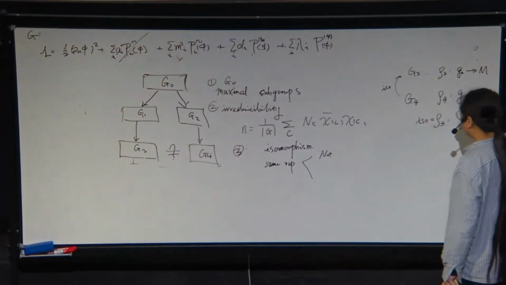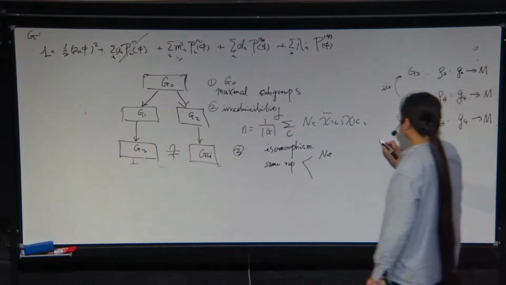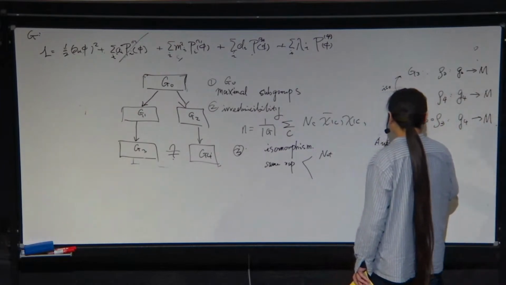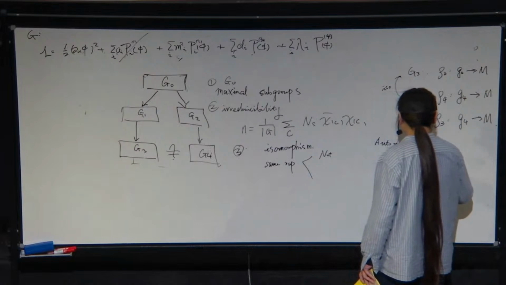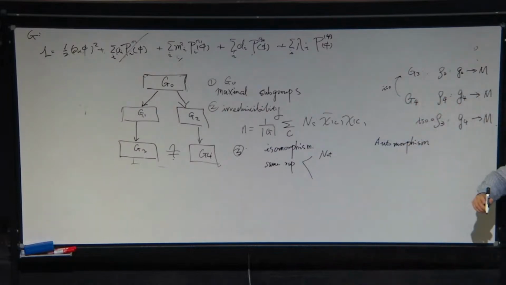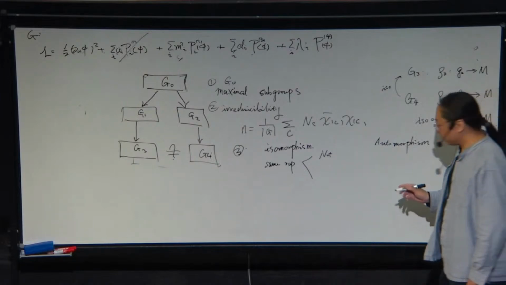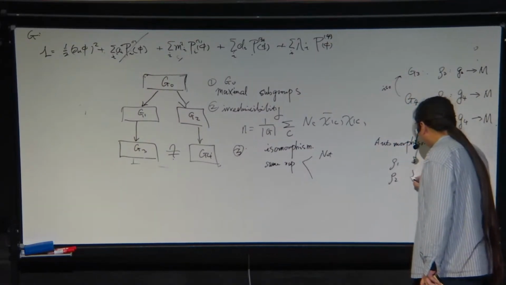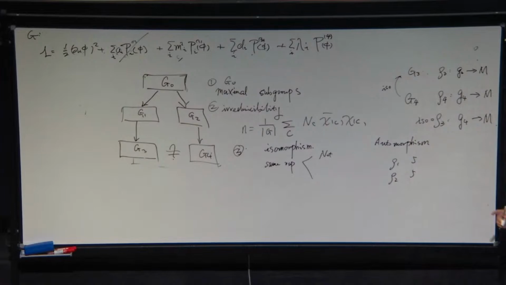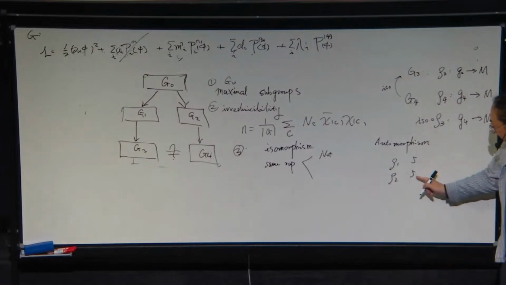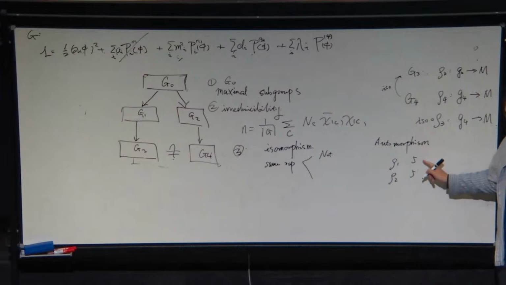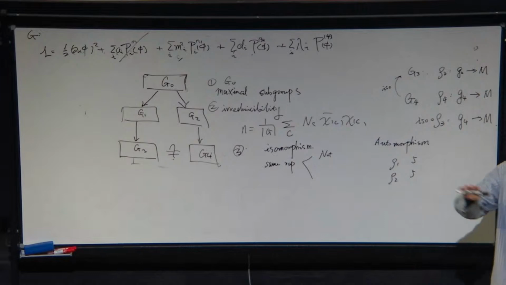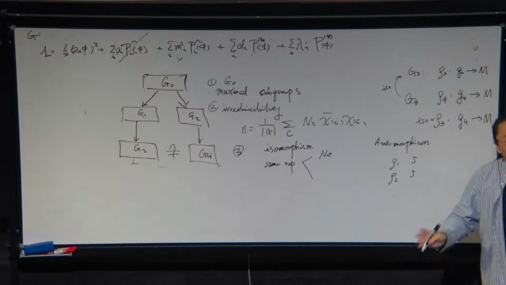But there is a concept which is called automorphism. It's a map from a group to itself, okay? So it may be possible that two representations, rho 1 and rho 2, are both 5-dimensional, but there is an automorphism that maps one to the other. An automorphism maps group elements to themselves, respecting the multiplication rules.